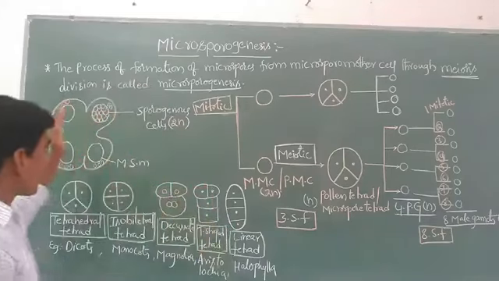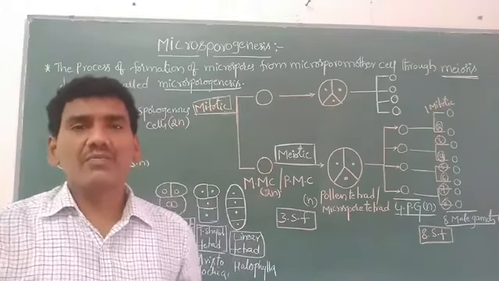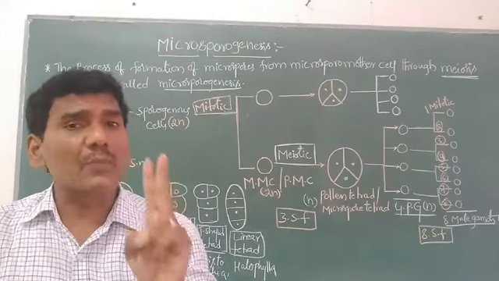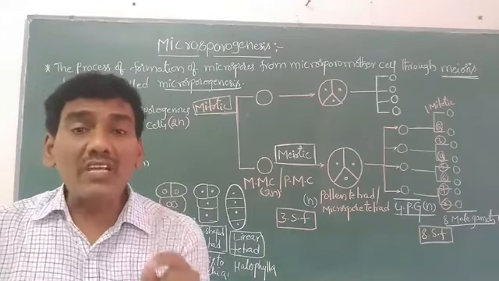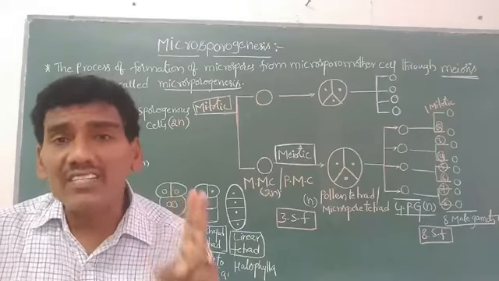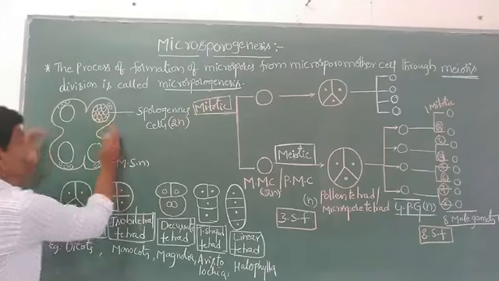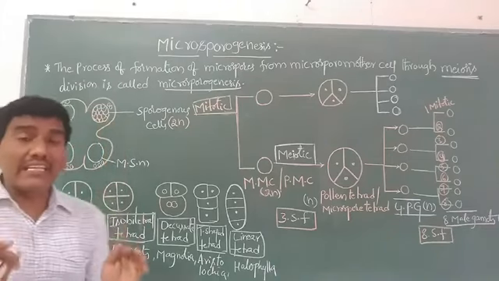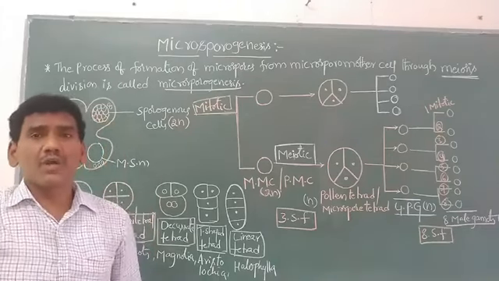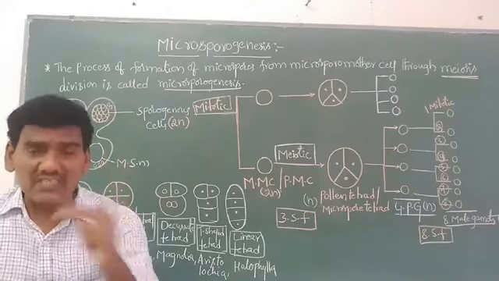For the formation of microspores, which divisions are required? First of all, in angiospermic plants, two types of anthers are present. The first is called dithecous anther, the second is called monothecous anther. This is one dithecous anther. In a dithecous anther, two lobes, or two thecae, are present.